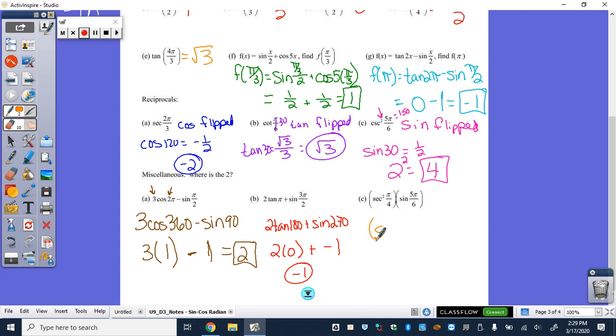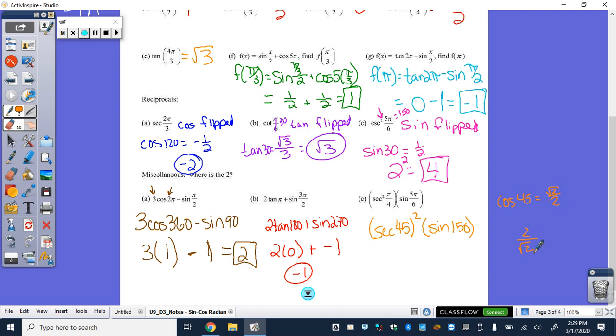Alright, so then this is going to be secant of 45 squared times the sine of 150. So secant is cosine flipped. Cosine of 45 is radical 2 over 2.